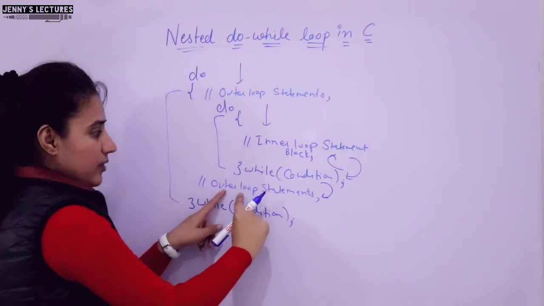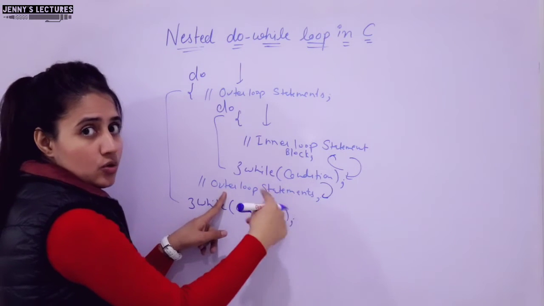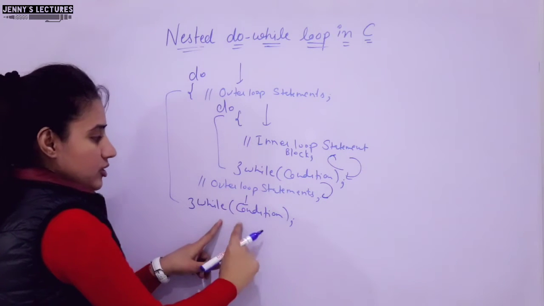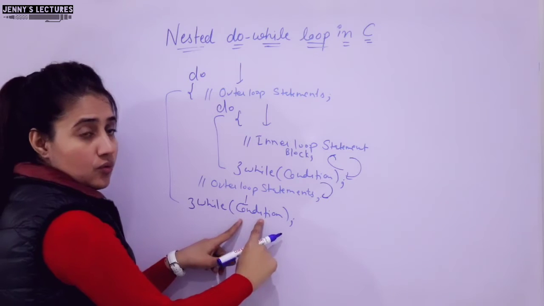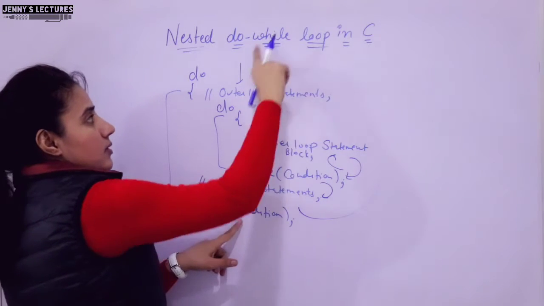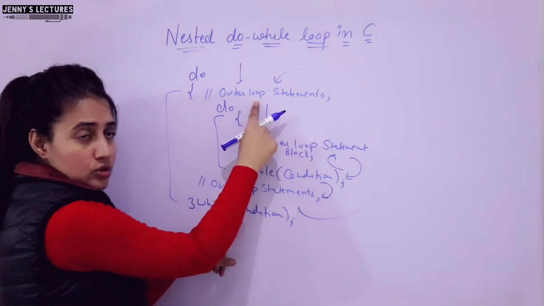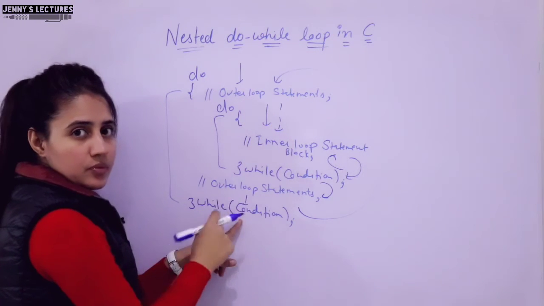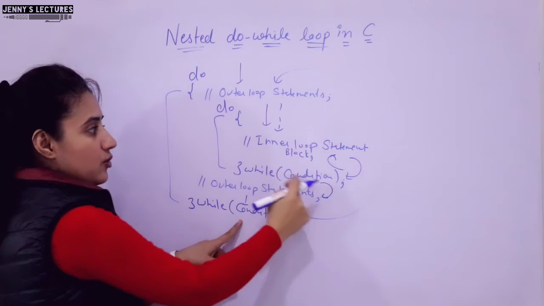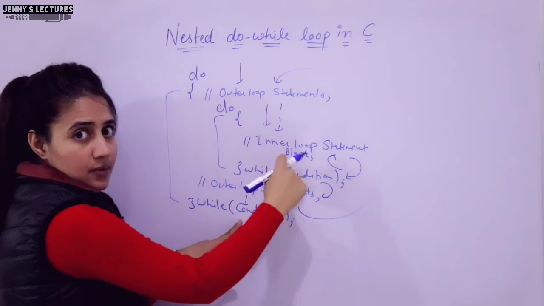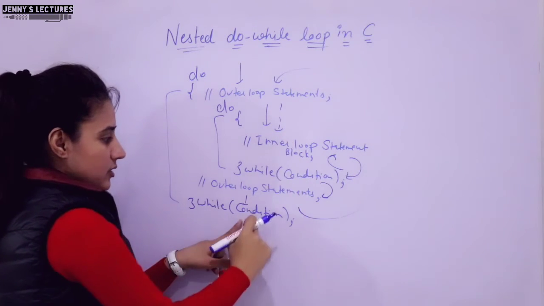Immediately after this loop, whatever we have written, some outer loop statements, execute those statements. And now check the condition of outer loop. If this condition is true, again within this outer loop, if you have written some statement, execute those statements and again enter into this inner do while loop. Again it would be in loop, the same step, right? After exiting from this, again check the condition.